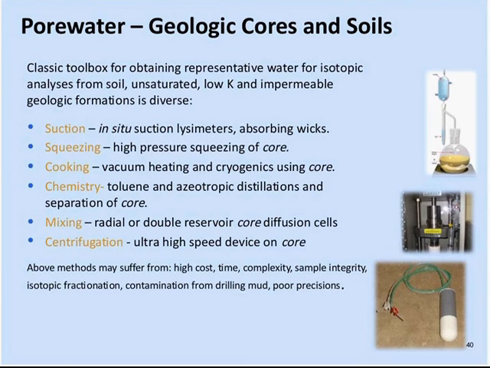Cooking is another one I call it, basically vacuum heating and cryogenic distillation, again using core material. The use of chemistry, the so-called azeotropic or toluene distillations to separate water from the core and to isolate it. Another technique is by mixing, essentially using a radial or double reservoir diffusion cell. And finally, high-speed centrifugation, where you basically spin the water out of the core.